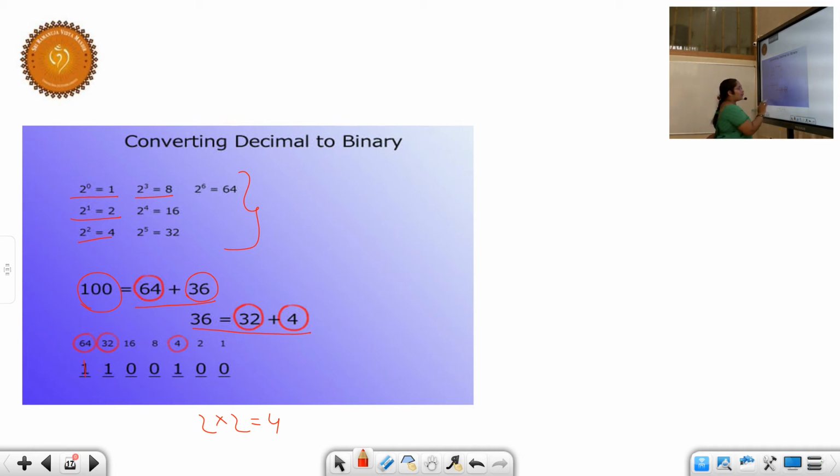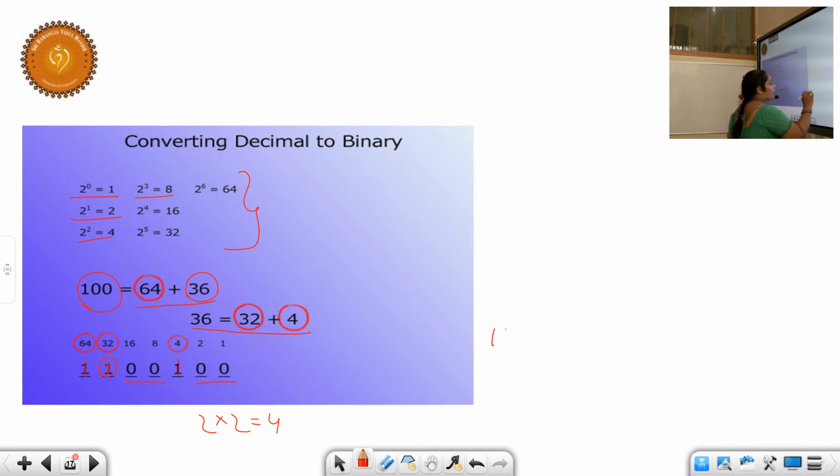So we have a 32, which is also represented as 1. We do not have 16 and 8, so they are represented as 0, 0. And we have 4, so it is again represented as 1. 2 and 1 are not represented here, so we consider them zeros.